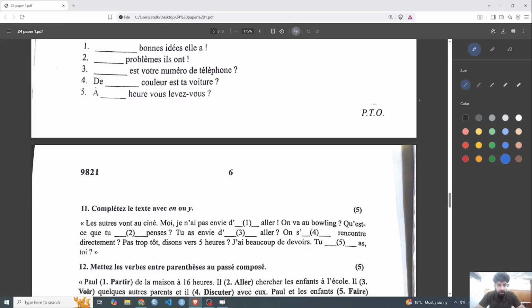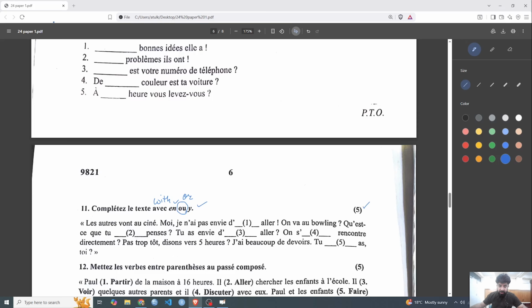It says complete the text with en or y. So basically the question is saying that we have to write either en or y in these five fill-ups, and this is of 5 marks.